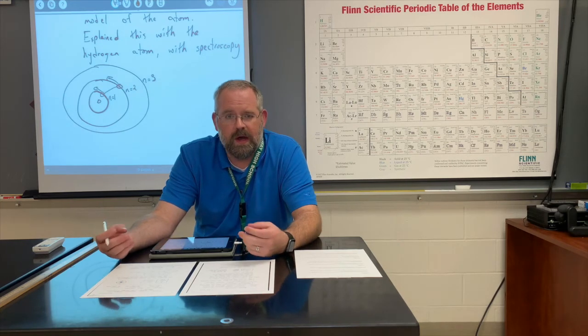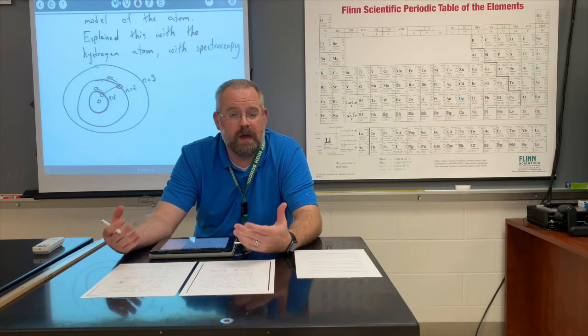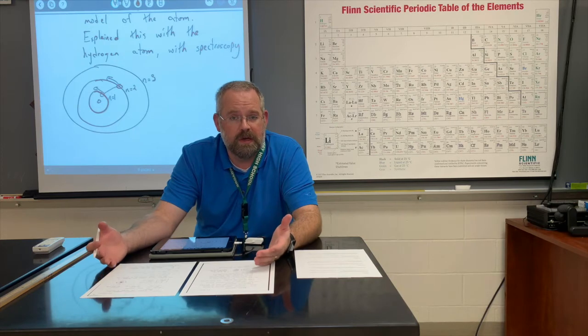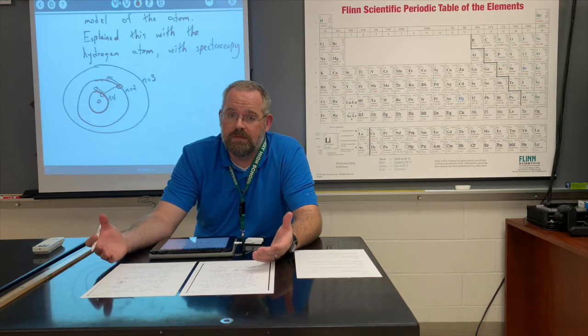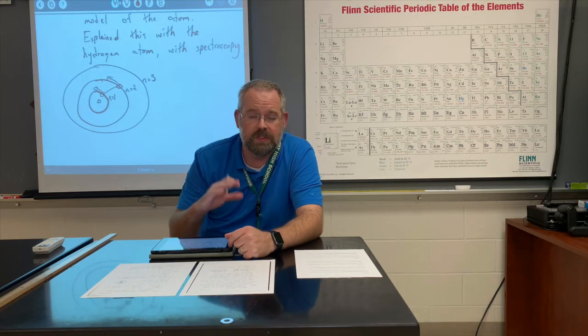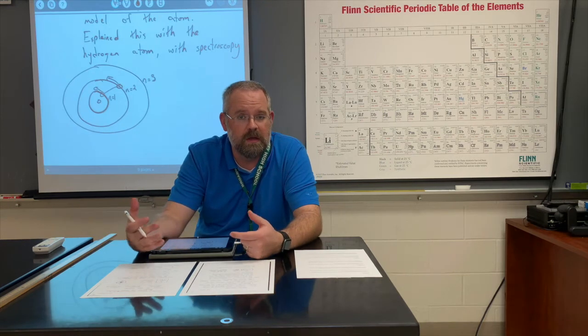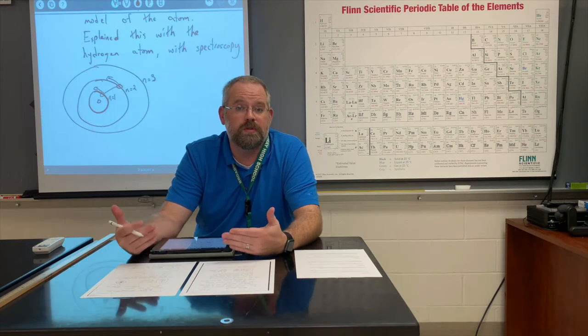And while this was a very, very easy way to show what hydrogen looked like, it's very hard to show what other atoms look like, because once you get more than one electron, the movement of the electrons changes. So while we use his planetary model to explain where electrons are located, it really only works for hydrogen. We just use it to show proposed places for all the other atoms as well.